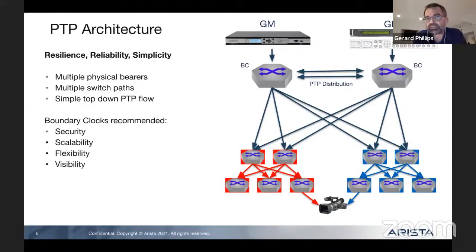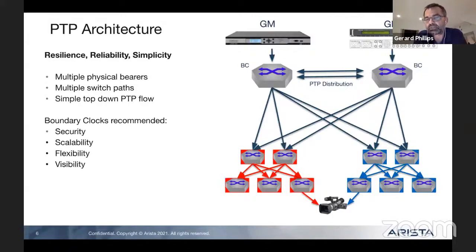Give yourself some resilience. If you lose a GM or one source of time, then you've got another source of time, which is what Richard was mentioning. Fundamentally, multiple connectivities between the places you need them. Flow the time down the screen in this case. Makes it a lot easier to understand quite what you're doing. And if you build boundary clocks everywhere, it makes life a bit simpler.